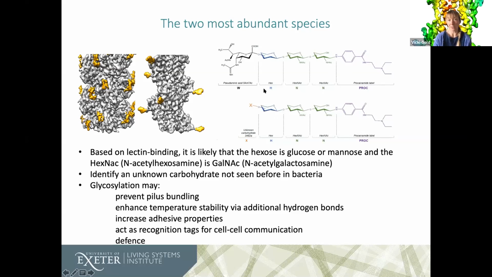The hexose is likely to be glucose or mannose because that was confirmed in our lectin binding experiments, and the N-acetyl hexosamine is likely to be N-acetyl galactosamine. This was again confirmed by our lectin binding experiments. Of interest, we also identified an unknown carbohydrate which has not been seen before in bacteria, and we still don't know what the structure of this is.